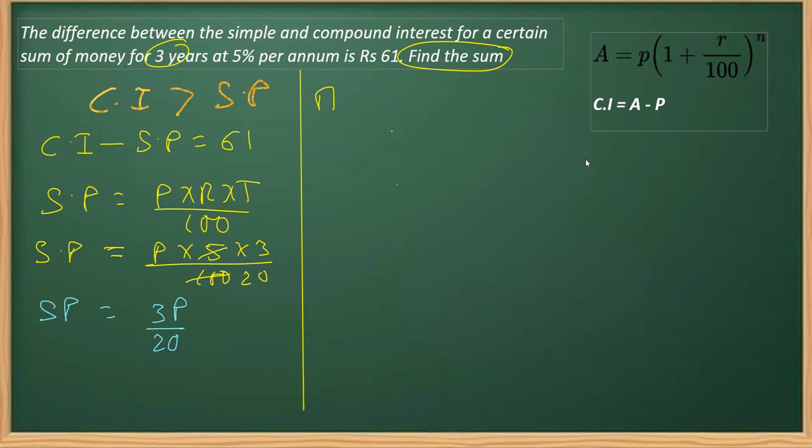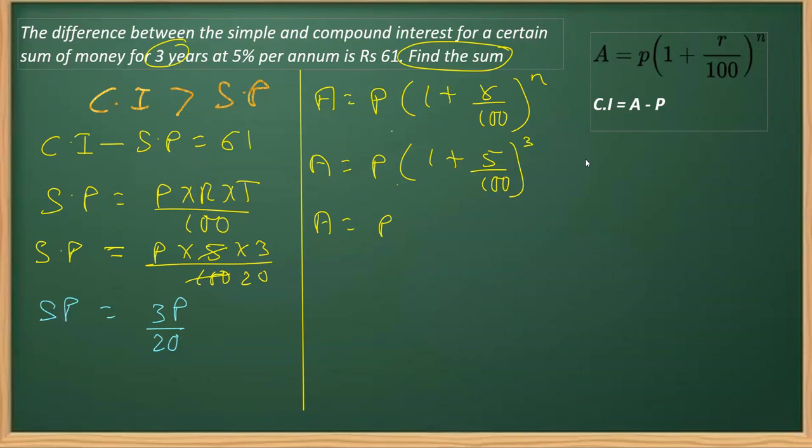A is equal to P bracket 1 plus R over 100 raised to the power N. So let's replace the rate here, which is 5% again. So it's 5 over 100 raised to the power N, which is 3 in this case.